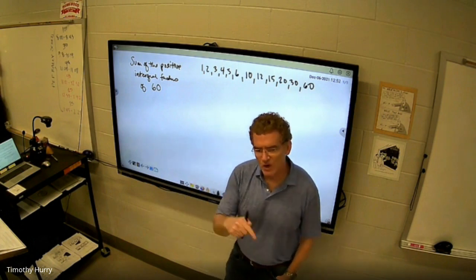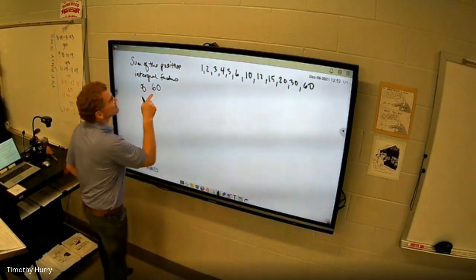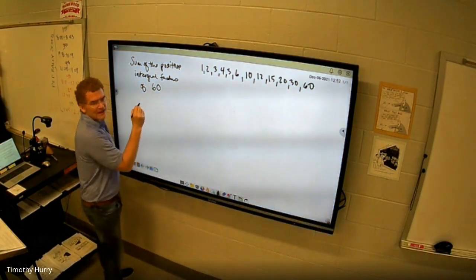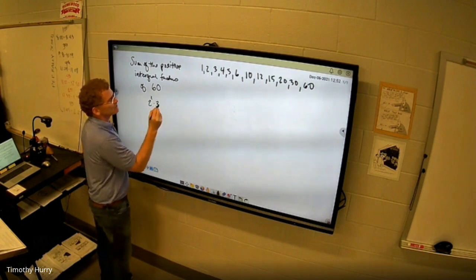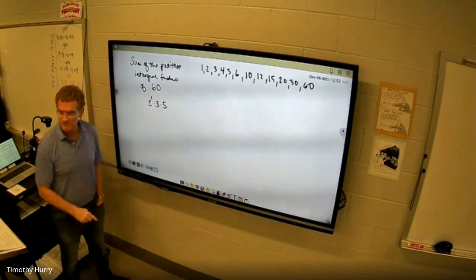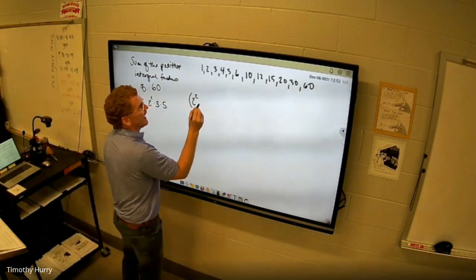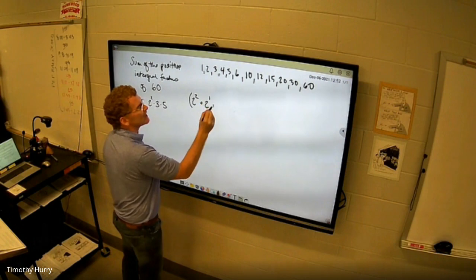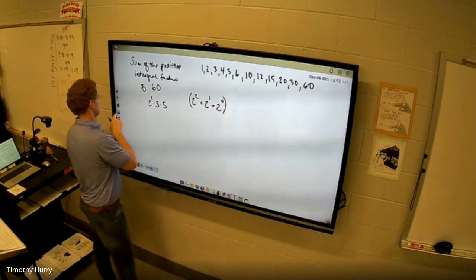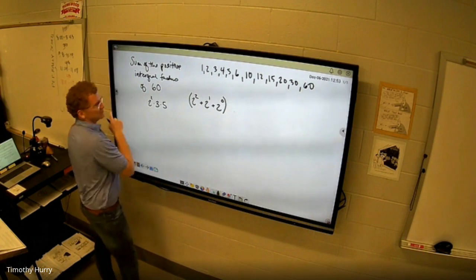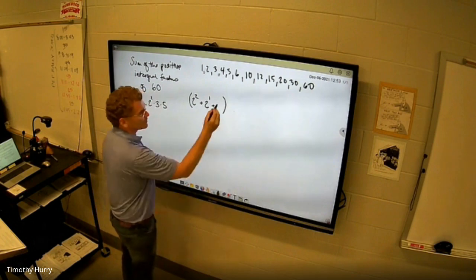So I want to show you something that just happens to work out here. Look at this 60, and I'm going to write the prime factorization. It factors into 4 times 15, so that's 2 squared, 3, and 5, right? Now watch this. I take the 2 squared and add it to a 2 to the first and a 2 to the 0, which is 1.